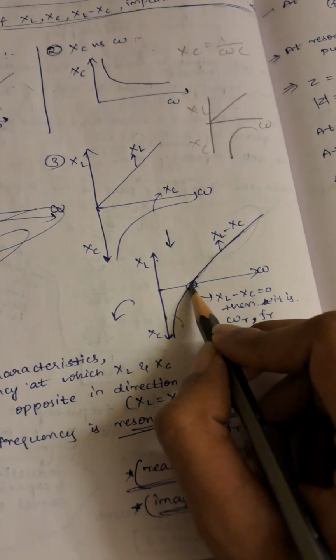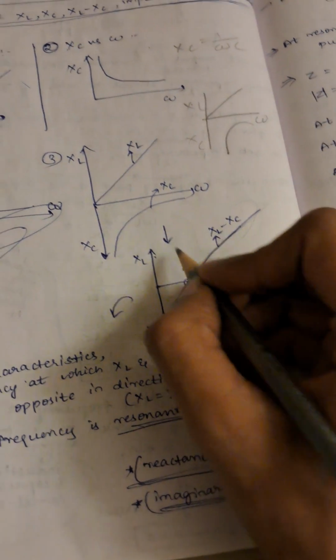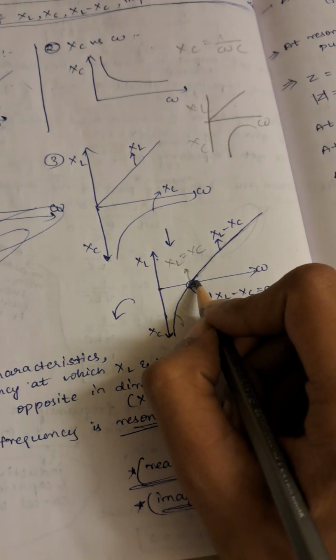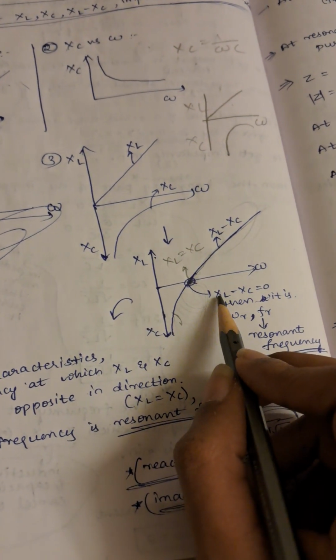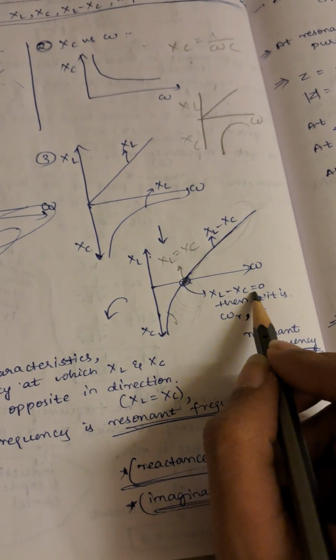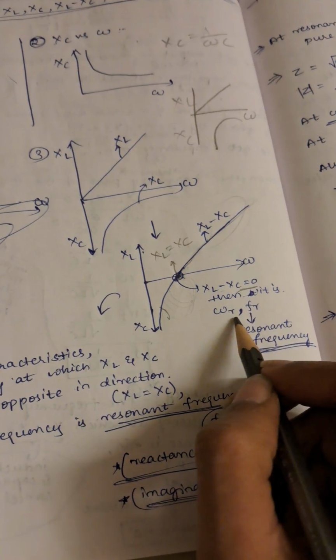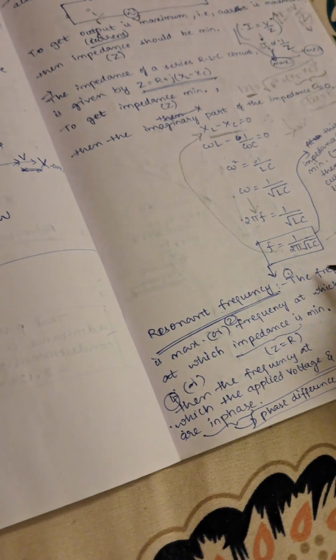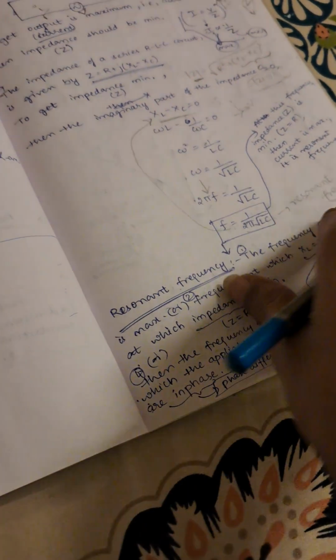And at this point, XL is equal to XC, right? It means it is the resonant condition. So XL is equal to XC means XL minus XC is 0. It is 0, so here it is known as fR, the resonant frequency.